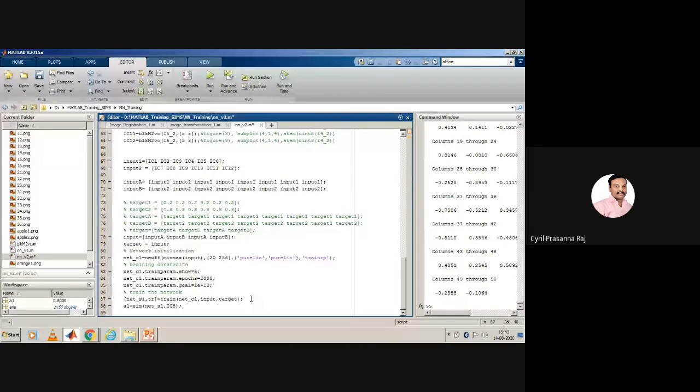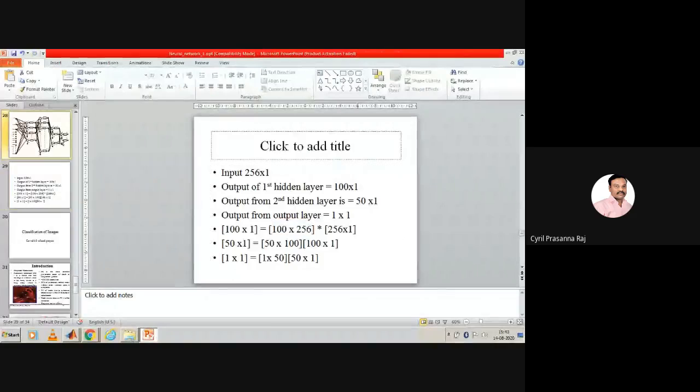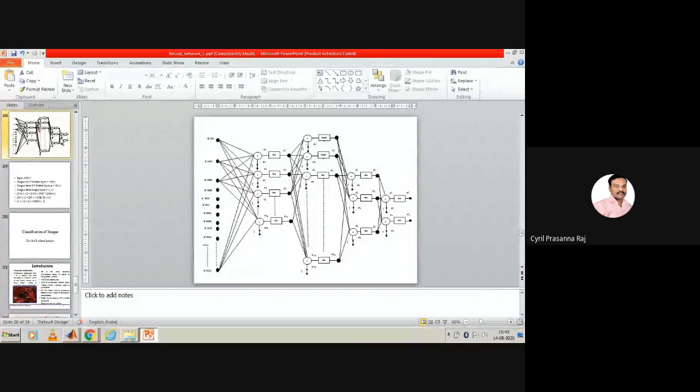Now, let us see what we are trying to do here. The hidden layer size is only going to be 20. So we are designing a network wherein you have 256 inputs, and the hidden layer has only 20 neurons, so you get 20 outputs.